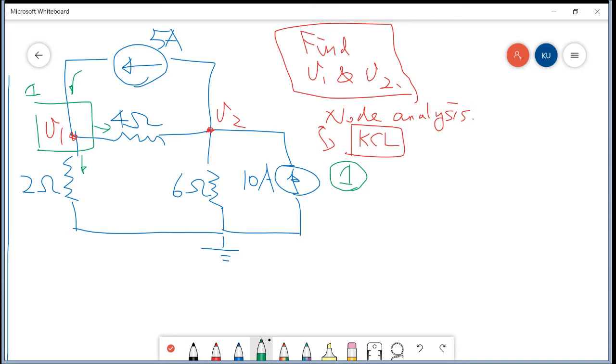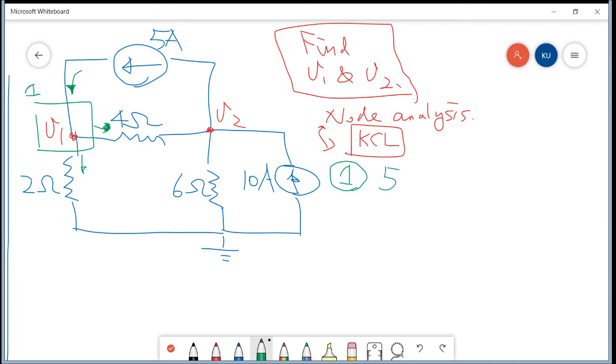You can assume all the currents are going in or going out. It doesn't really matter. For sure, this current going in is 5A.